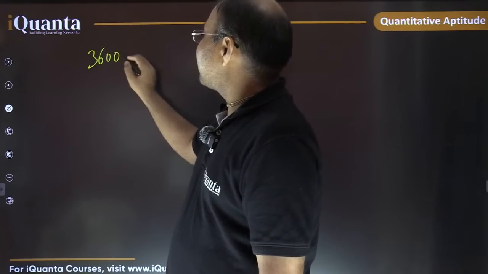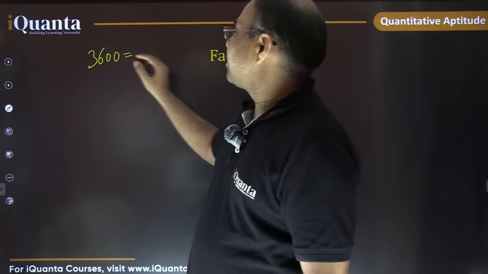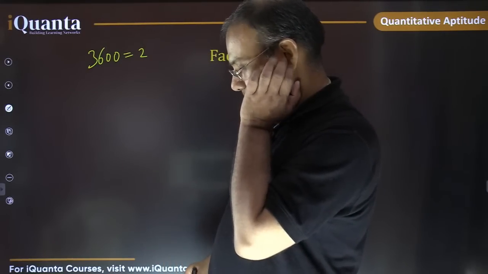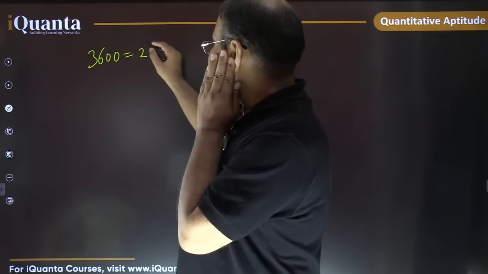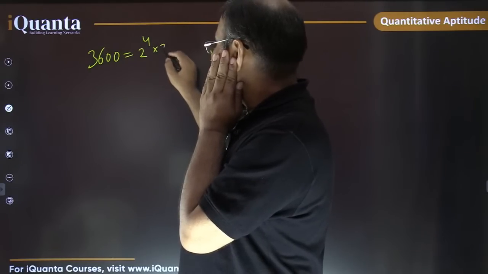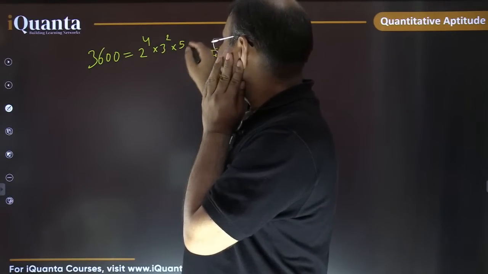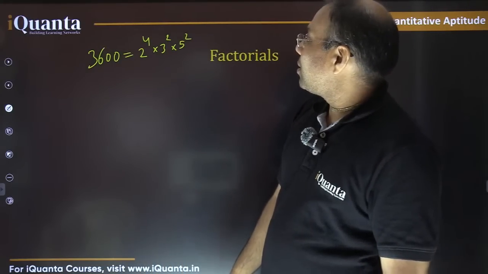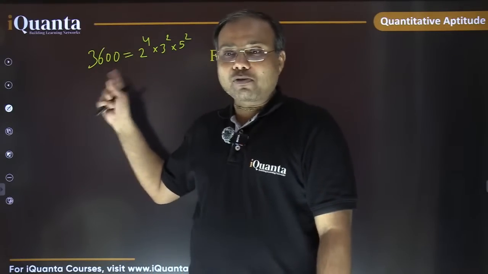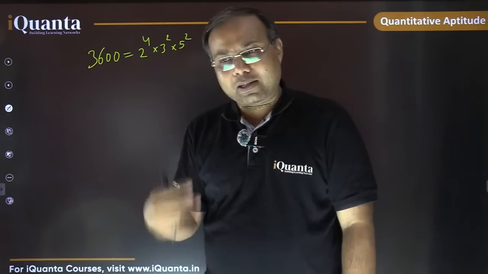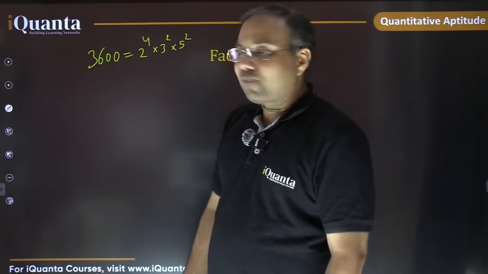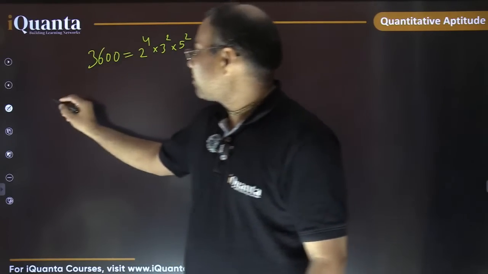Suppose the question is 3600. The number 3600, which was basically how much? This was 2 power 4, 3 square, 5 square, यही था ना, right? So, if I ask you the number of factors of this number which are perfect squares, now how will you do it? I need to calculate the factors which are perfect squares.